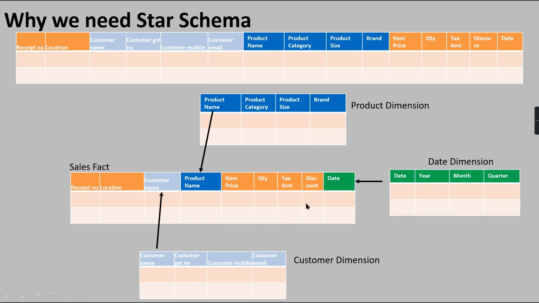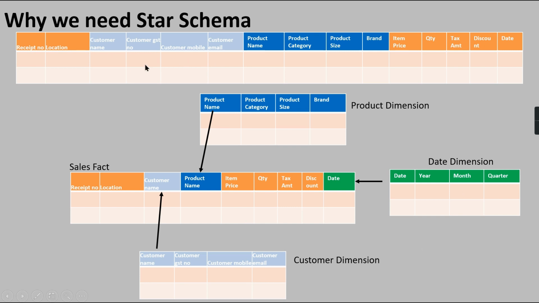That should be stored in your fact table along with the foreign key references to the dimension tables. Your dimension table is what you analyze these facts by. I want to analyze item price by product, by date, by customer. So these become your dimensions.